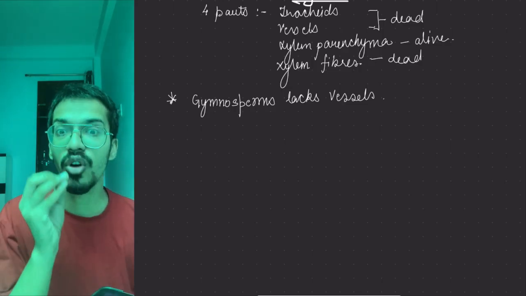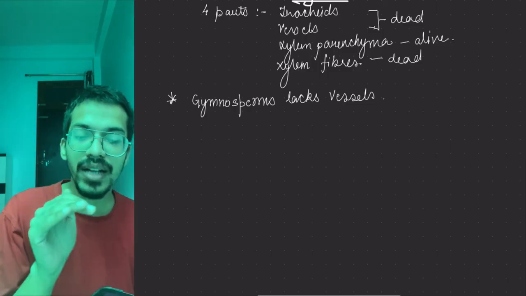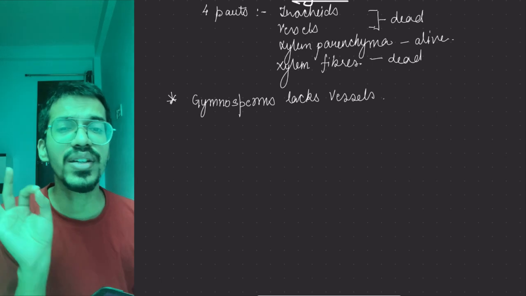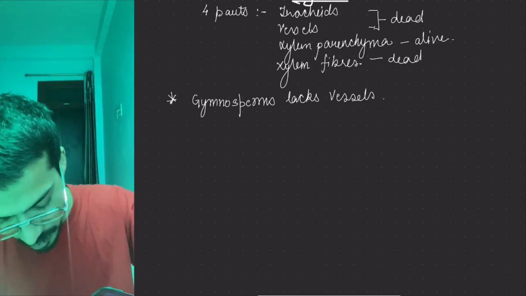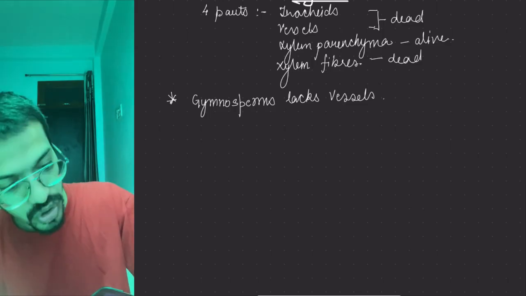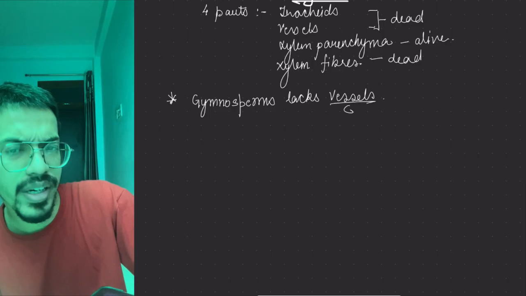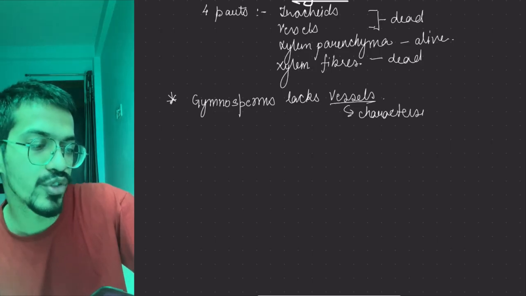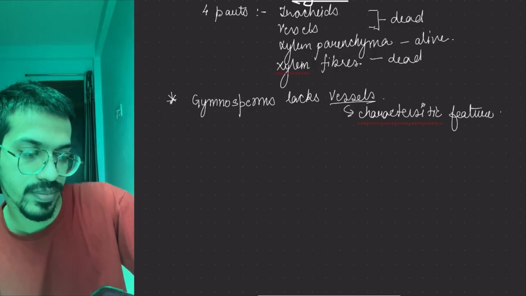This thing we have already done in the plant kingdom, if you remember. Coming back, the gymnosperms lack vessels. So vessels are a characteristic feature of angiosperms.